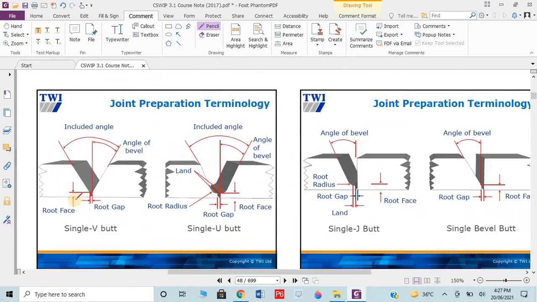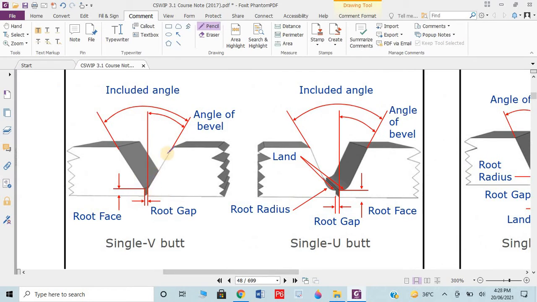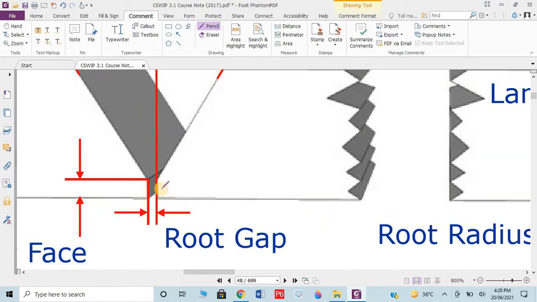Now you can see here, suppose we have single V. This is the single V joint. In this joint you can see this is the bottom area. This area is known as root.